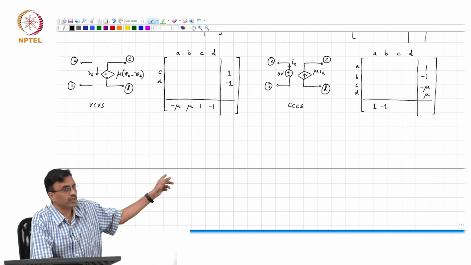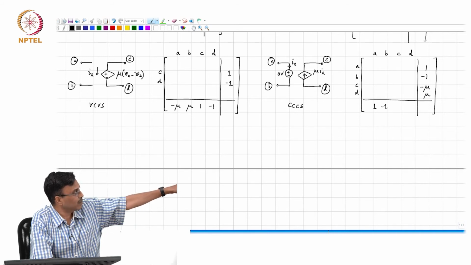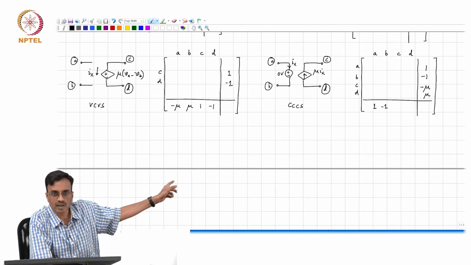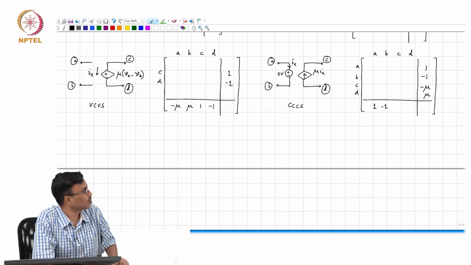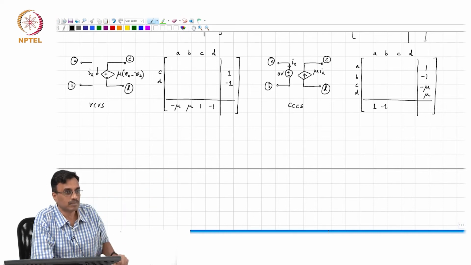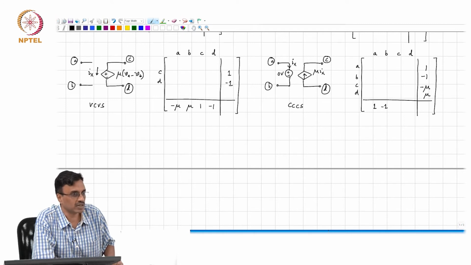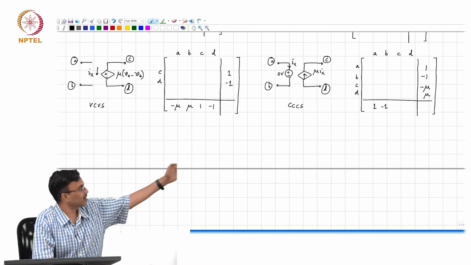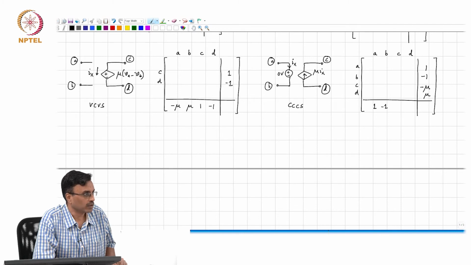It is not simply the transpose. You also have to swap the rows, A with C and B with D. We will use this fact later on. At any rate, it looks suspiciously similar to the MNA stamp of the voltage controlled voltage source.